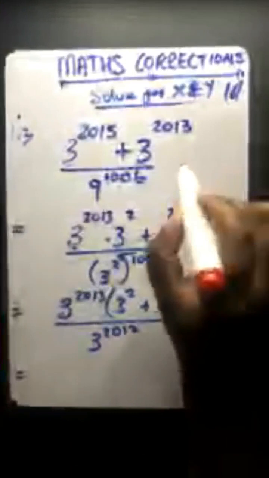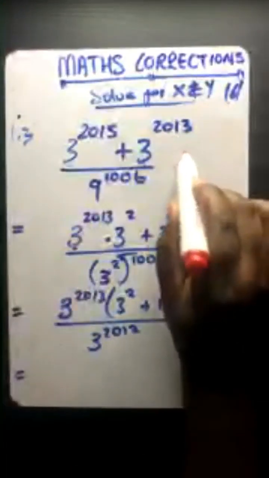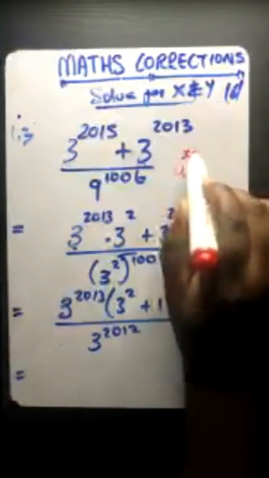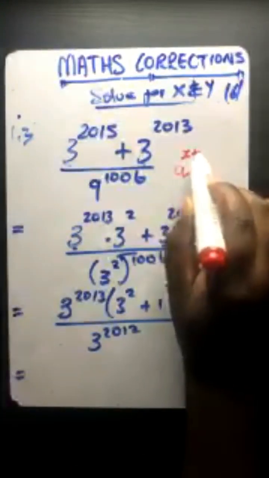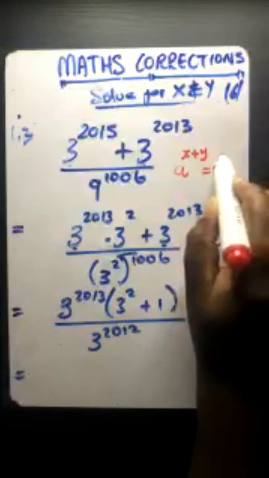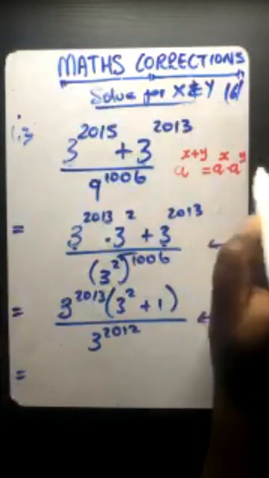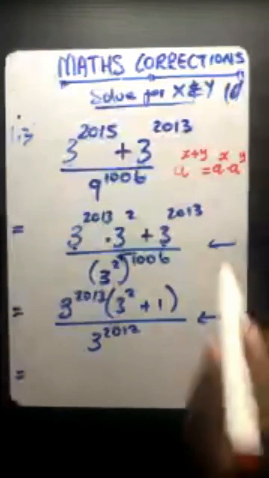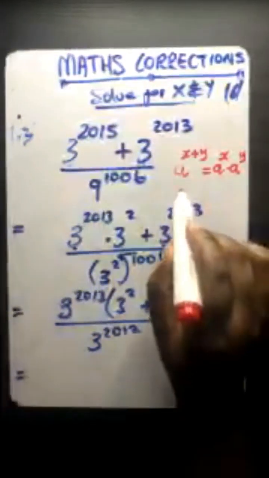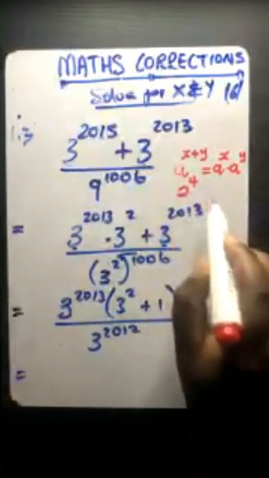So if you remember, there's that law which says a to the exponent, let's say x plus y, this is the same as a to the exponent x times a to the exponent y. And again, it's more like I'm having 2 to the exponent 4.